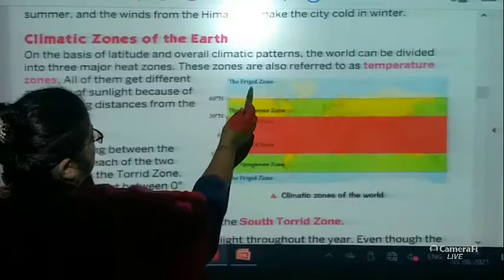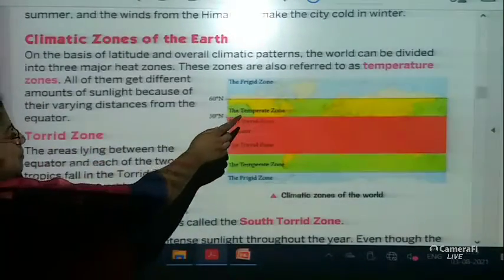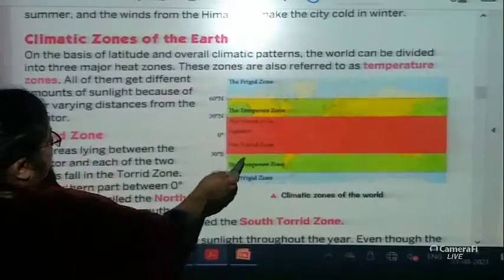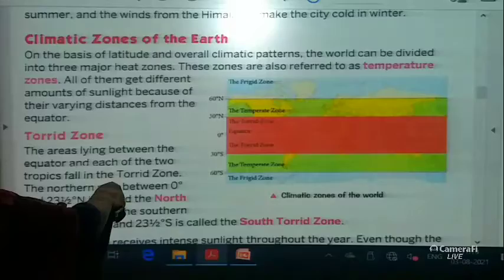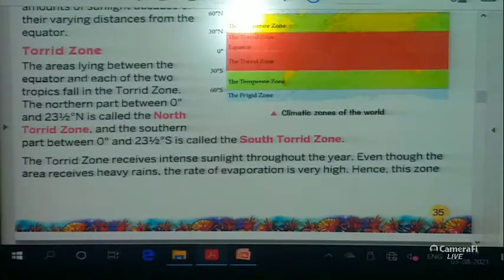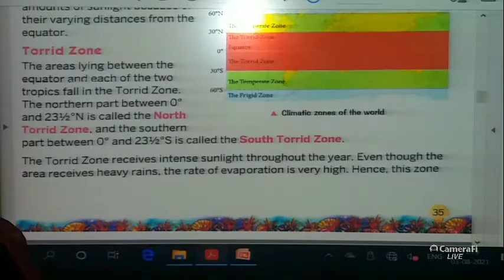The temperate zone and the frigid zone hardly get any direct sun rays. The frigid zone gets the slanting sun rays, and the temperate zone, since that area is moderate, gets slanting as well as some direct sunlight. But more or less it is more towards the slanting rays.